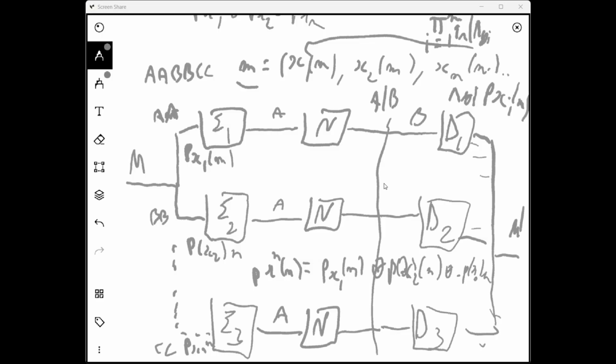That's a product measurement. After, we have our channels applied on a state rho xi of m. And so that's it. It's equivalent to n IID, independent identically distributed, instances of a classical channel, which is the Born rule.